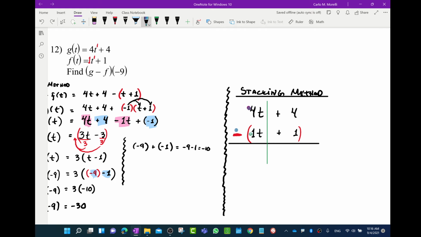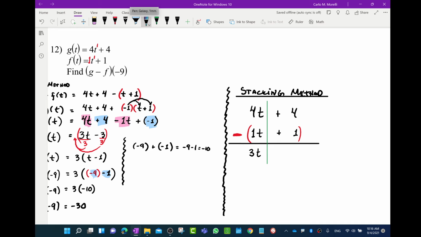All right, so let me get rid of all those dots. The dots represent you with your finger on the paper, right? So 4t minus 1t equals 3t. And now you come over here.